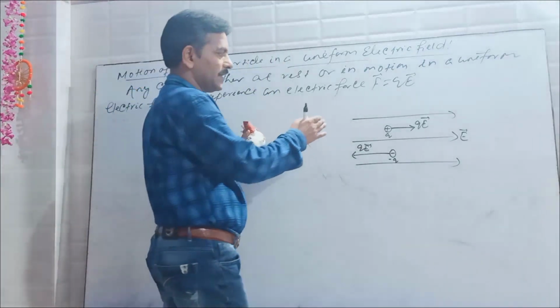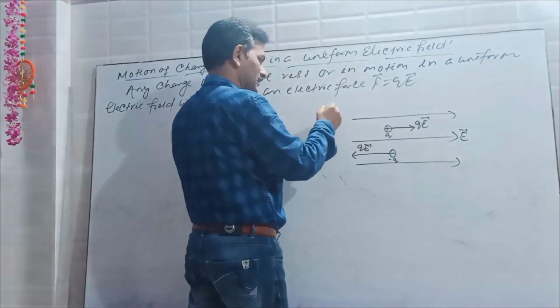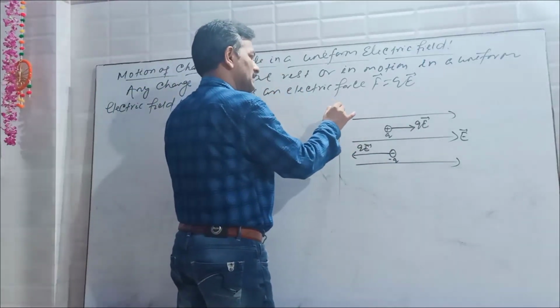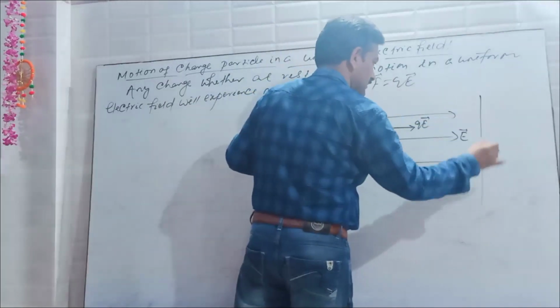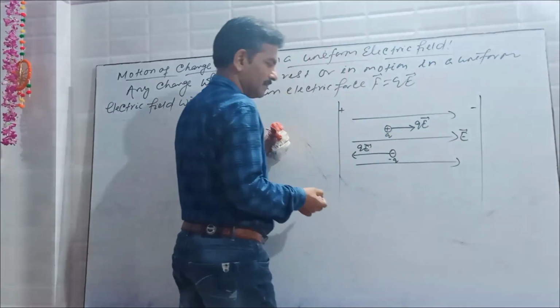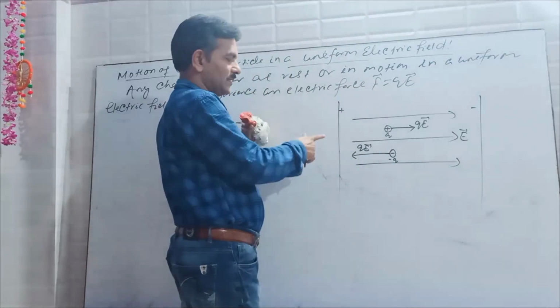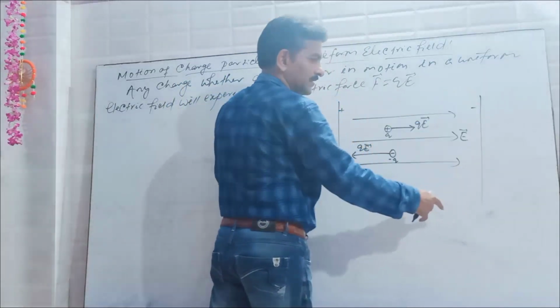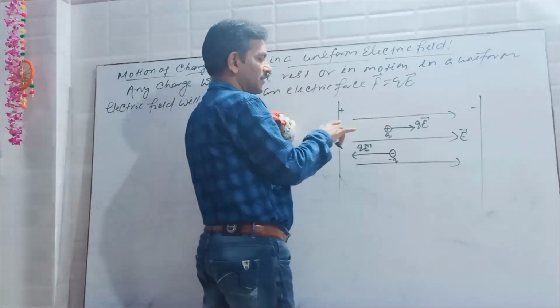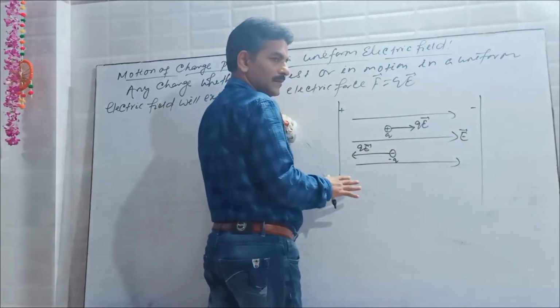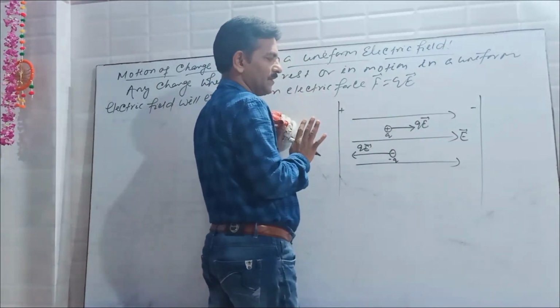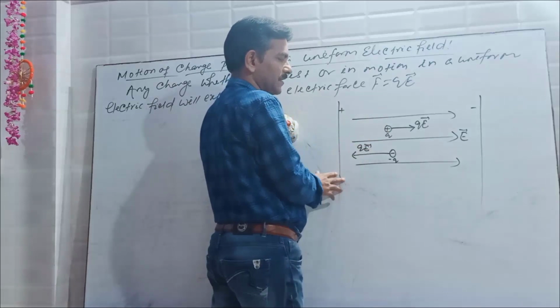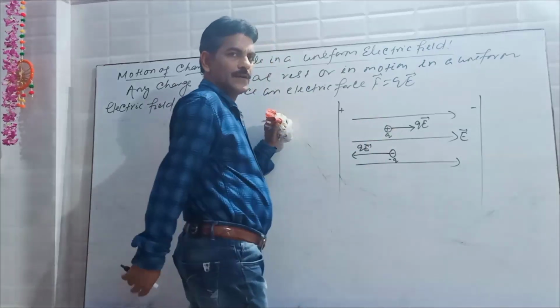You see, if the electric field is along this direction, this side must be positive and this side must be negative. You may put two plates, one positively charged and another negatively charged. So electric field lines will be directed from positive to negative. So this is a uniform electric field. In it, two charges are there, one positive and another negative.